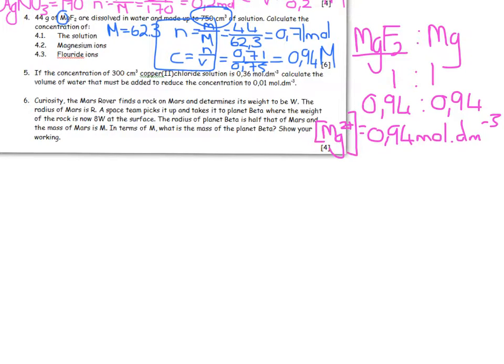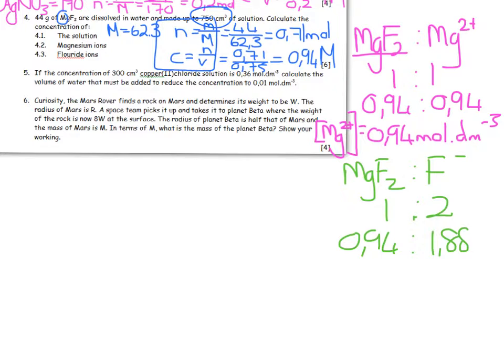What about the fluoride ion? Magnesium fluoride is to fluoride as 1 is to, in every one of those there are 2 fluoride ions. So if I had 0,94, I now have double that number, which is 1,88. And therefore the concentration of fluoride ions is equal to 1,88 moles per cubic decimeter.